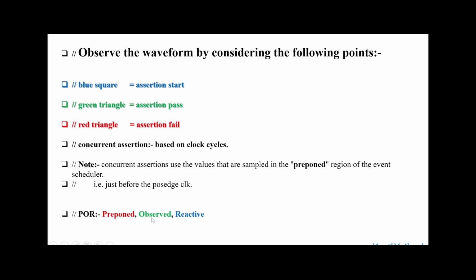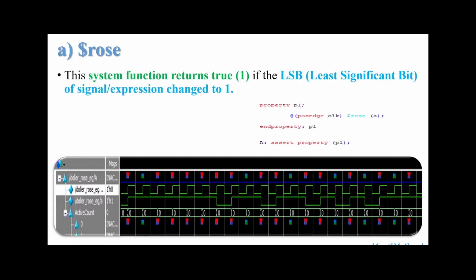Observed region, where evaluation of the concurrent assertion happens. And reactive region, where we find the pass and fail messages from the assertion. If we are writing the action block, which is optional, that action block response you will find in the reactive region. So these preponed, observed, and reactive regions are associated with SystemVerilog assertions.